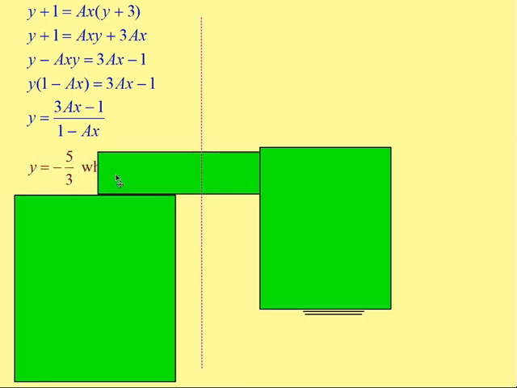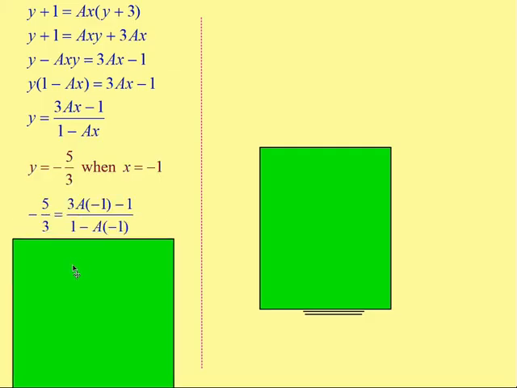That's your general solution, but we want the particular solution. If you look at the question, we were told that y equals negative 5/3 when x equals negative 1. Because we know x and y, we can sub them in here, and the only thing missing will be a, which we can work out. Replacing y with negative 5/3 gives us negative 5/3 equals 3a times x, but remember x is negative 1, so sub that in as well.